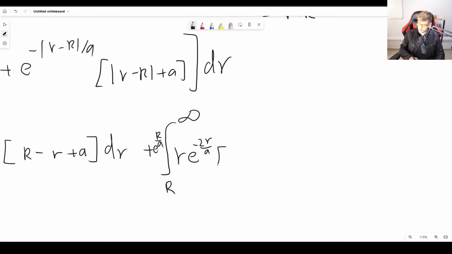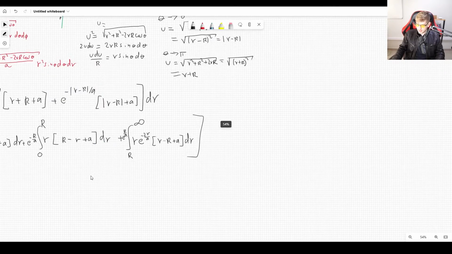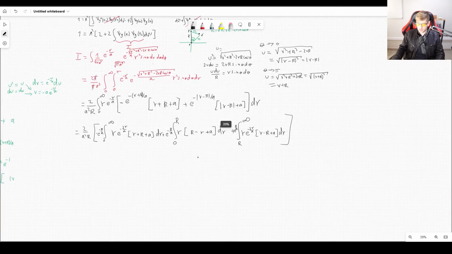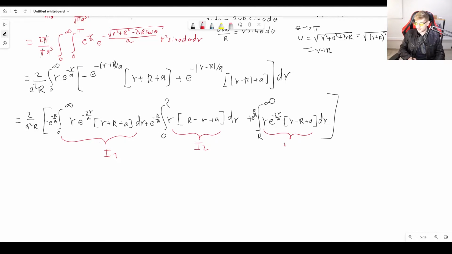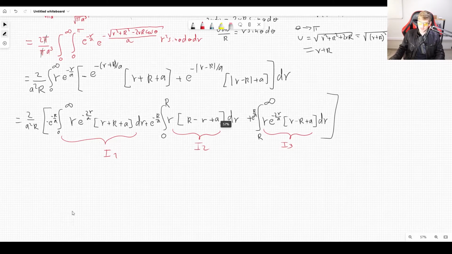So r minus big R plus a dr. So these are the integrals that we have to solve. There are 3 integrals. So let's label them accordingly: I1, I2, and I3.